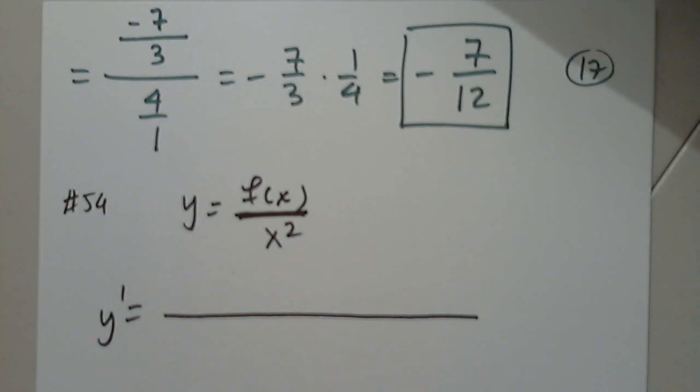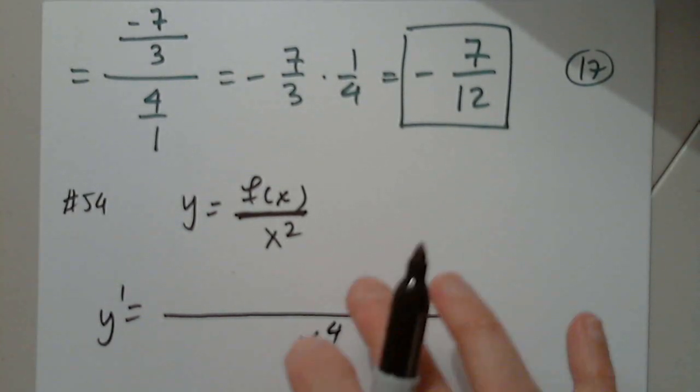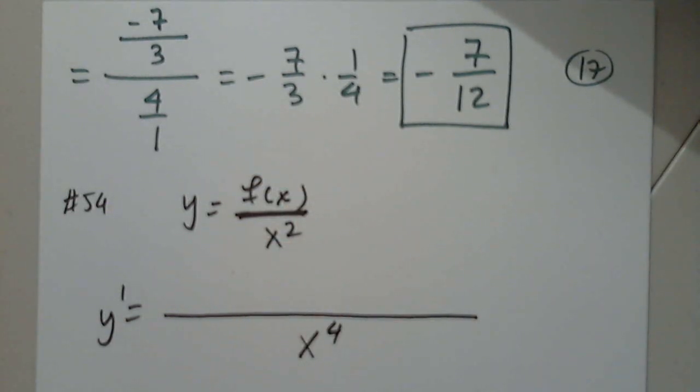We're not differentiating in the formula for the quotient. We're not touching the denominator. We have to square it. So we only have x to the 4 in the denominator. We'll differentiate at the top, yes.